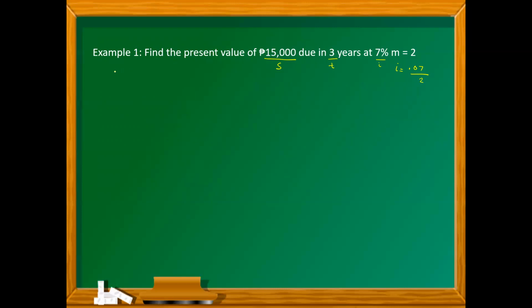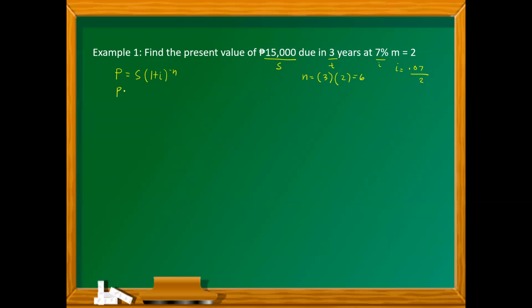Substituting the given to solve for P, P equals S times quantity 1 plus i to the negative n. N is obtained by taking the product of years and compounding period. So this gives us 6.